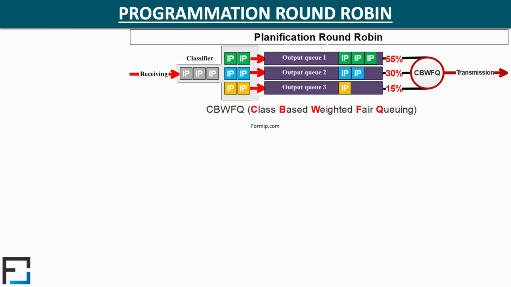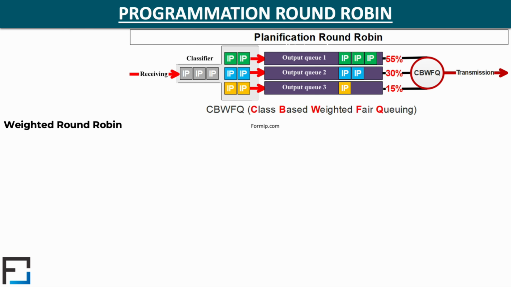The round robin also allows you to favor certain queues. This is called weighted round robin. That is, it will take 3 packets from Q1, 2 packets from Q2, and 1 packet from Q3. Then it will return to the start with the same procedure.